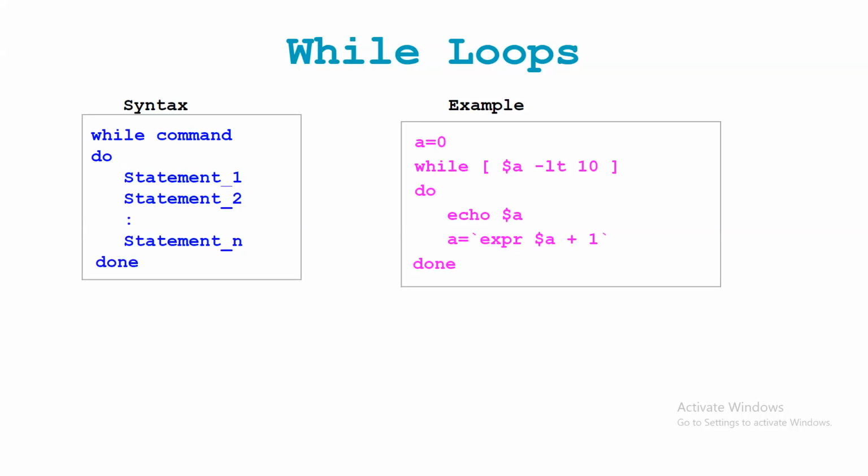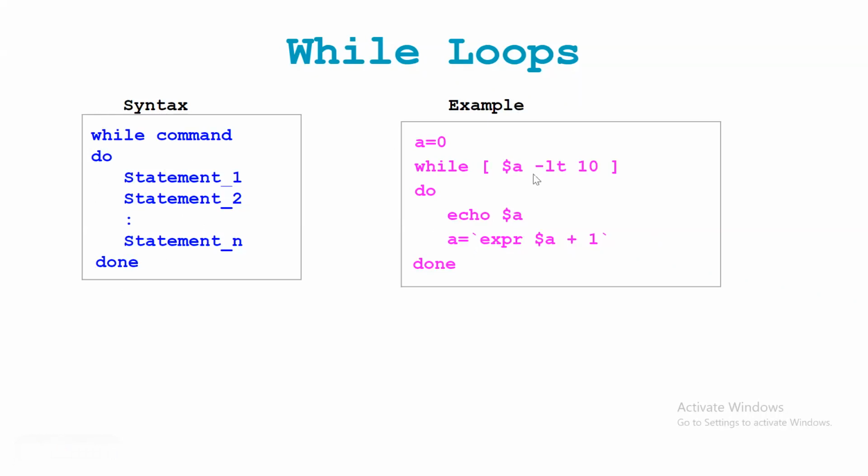But in shell programming we need to write do and then done, and whatever statements you write in between do and done are considered part of the while loop. So: while, then command, then do, and then the block of statements, statement 1, 2, likewise. The done means the end of your while loop.